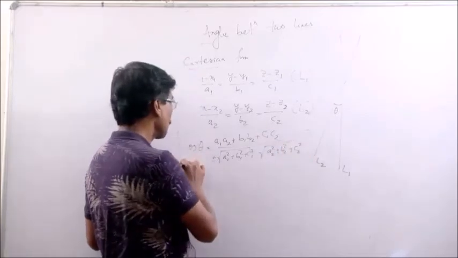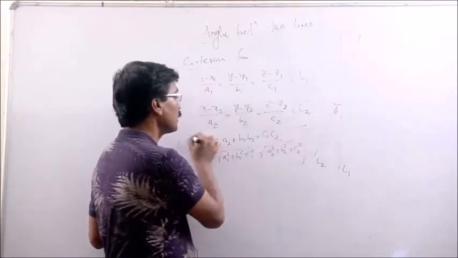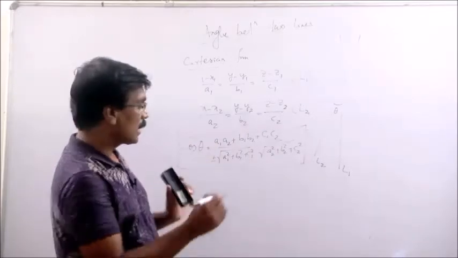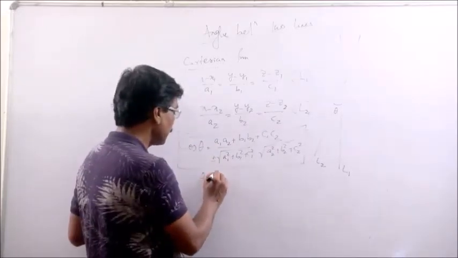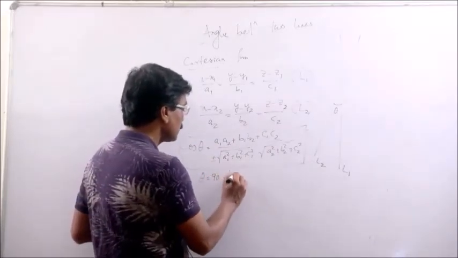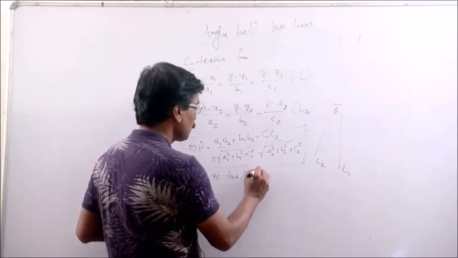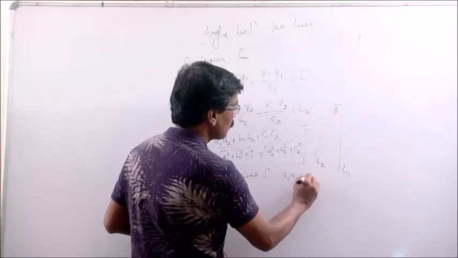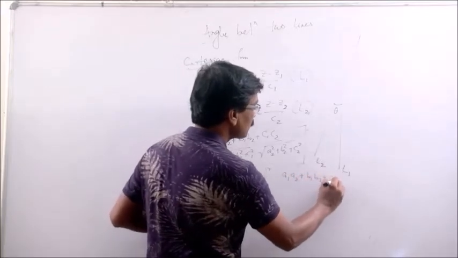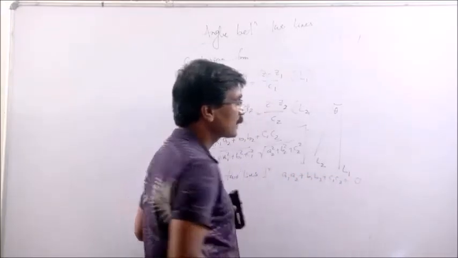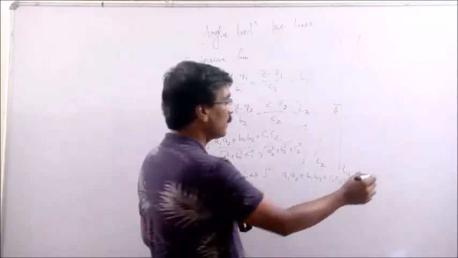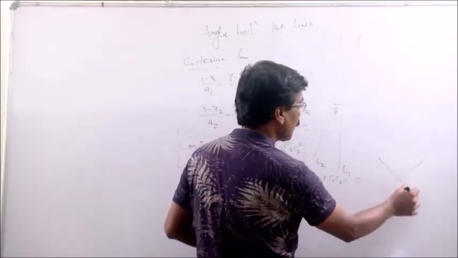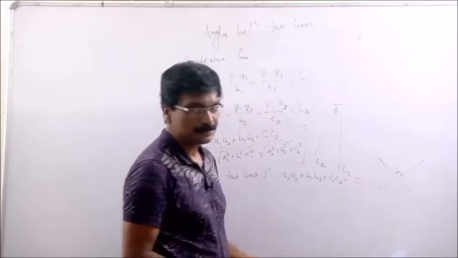So this is the angle between two lines. If theta is equal to 90 degrees, the two lines are perpendicular, and the condition is A1 A2 plus B1 B2 plus C1 C2 is equal to 0. If two lines are perpendicular to each other, the angle between them is 90 degrees.